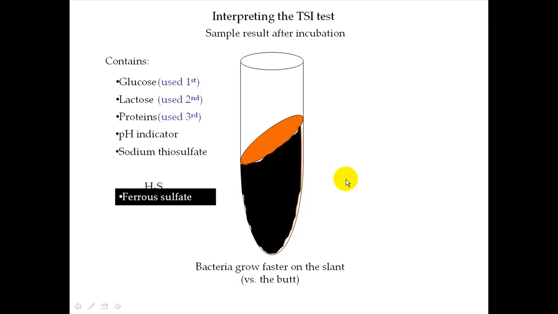If you see something like this, again, as a review at this point, black means that sodium thiosulfate was metabolized. Deep red tells you that there's a basic environment up here, which indicates that one of the proteins was metabolized. So again, the TSI test tells you a few different things about a particular type of bacterium. It tells you if they can metabolize either one of these sugars, and it also tells you if the bacterium can metabolize sodium thiosulfate.